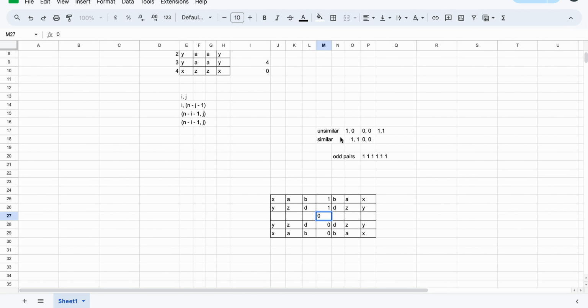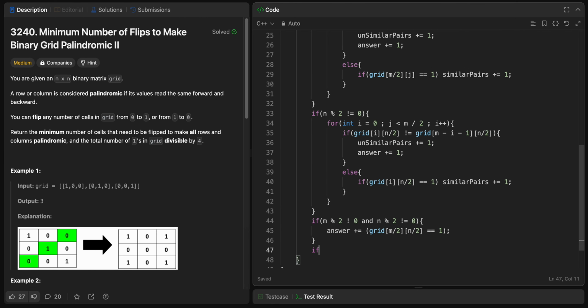Now suppose, consider this case that there are similar pairs. Similar pairs of ones, right, because similar pairs we are considering only for ones.